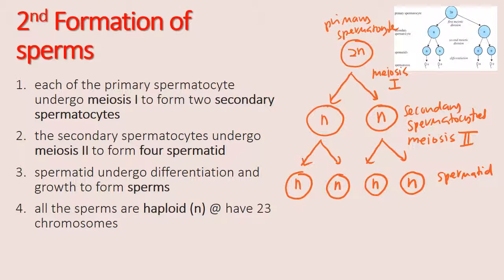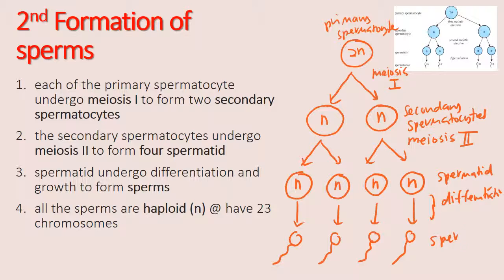Please take note that the spermatid is not yet a sperm or spermatozoa. Now, what will happen to the spermatid is that all the spermatid cells will undergo differentiation, and through this process they will form sperm, also known as spermatozoa.